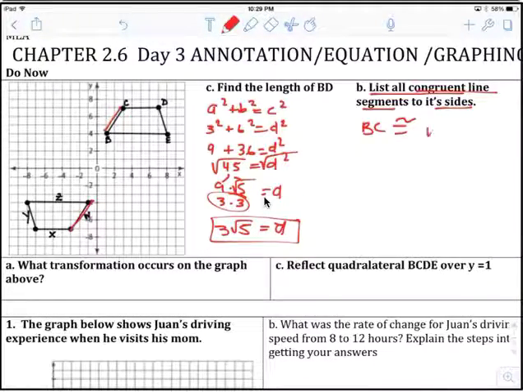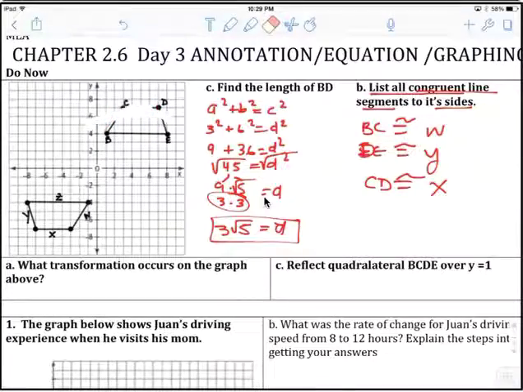W. GE is congruent to Y. CD is congruent to X. Okay. And BE is congruent to Z.